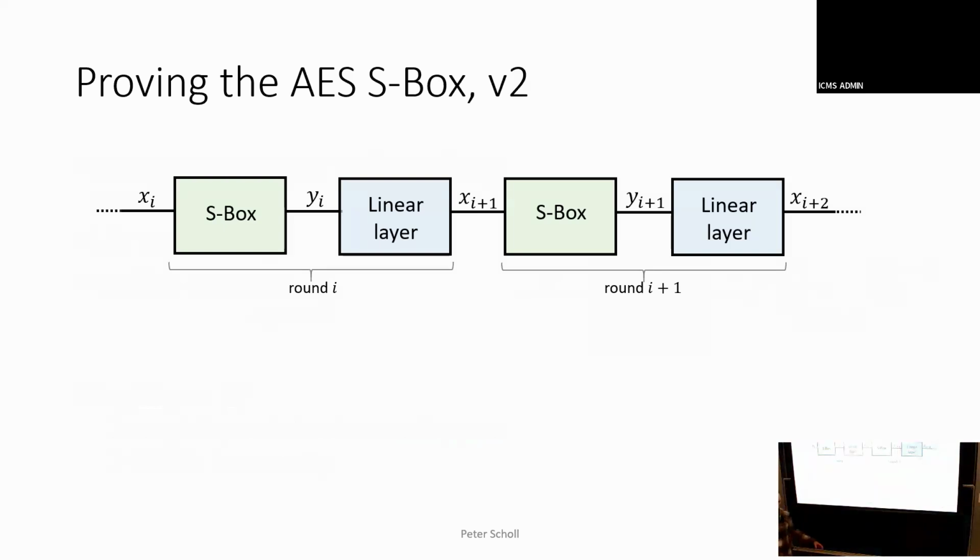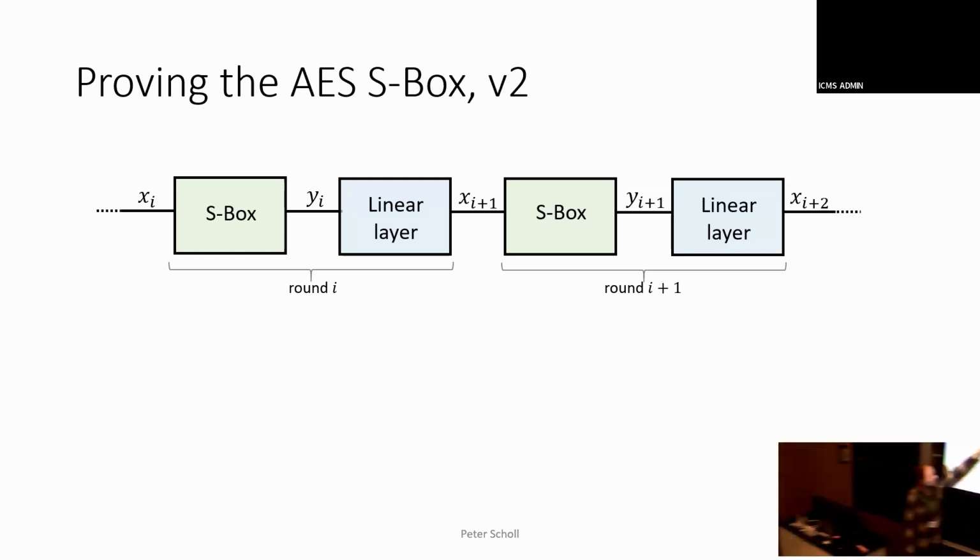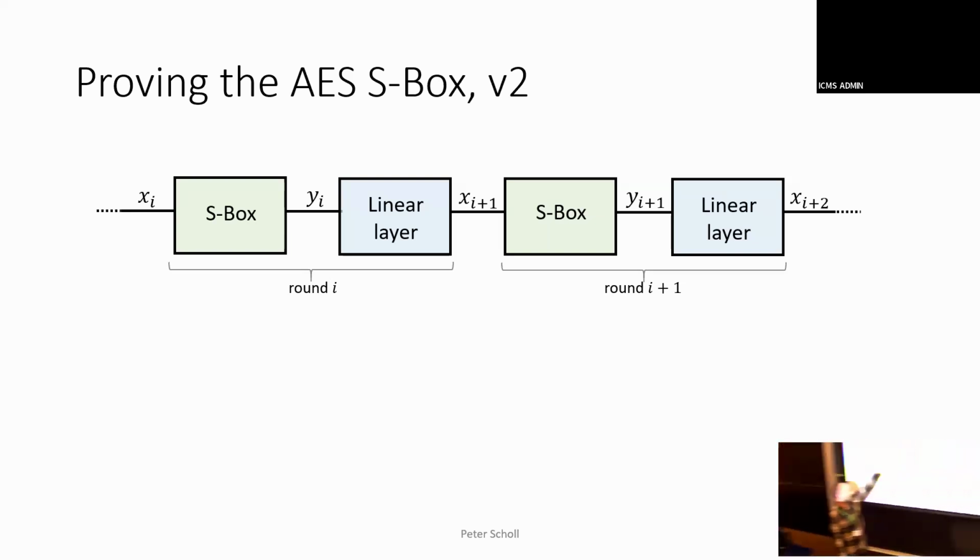So instead of just proving degree 2 relations, you can prove higher degree relations on committed values by letting the degree of these polynomials blow up as you multiply them together. Okay, so now let's look at 2 consecutive rounds of AES. For each round, we have, let's say, a state x_i, which goes through an S box to get some value y_i, and then goes through the linear part of the round to get the next state x_{i+1}.